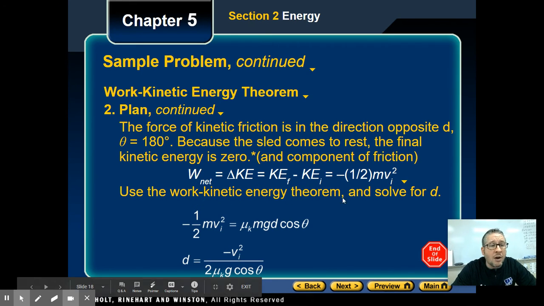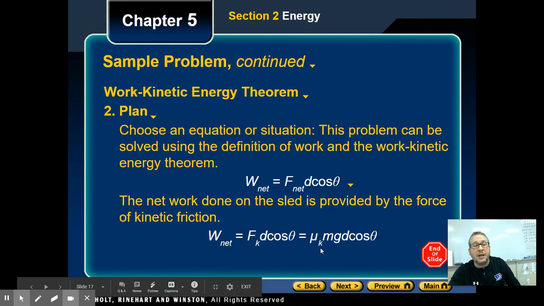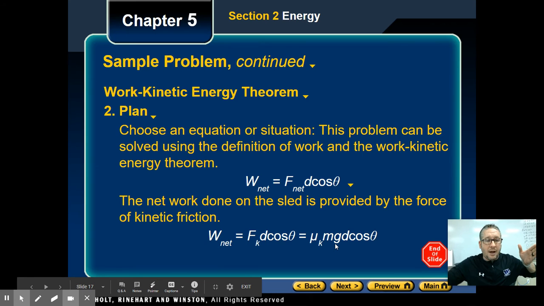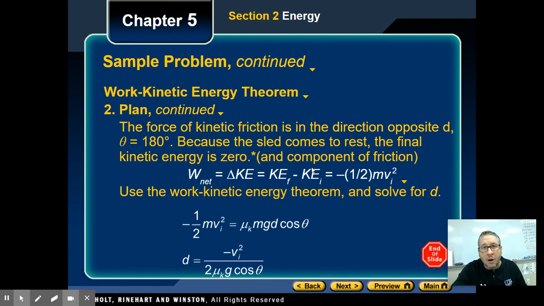So since net work is equal to this, negative 1/2 m vi squared, and it's also equal to mu k m g d cosine of theta, that means that since this right here, if you see my arrow, and this are both equal to net work, they can be set equal to each other, which is what we see right here.